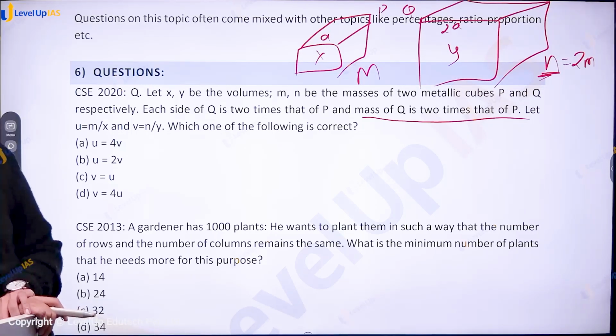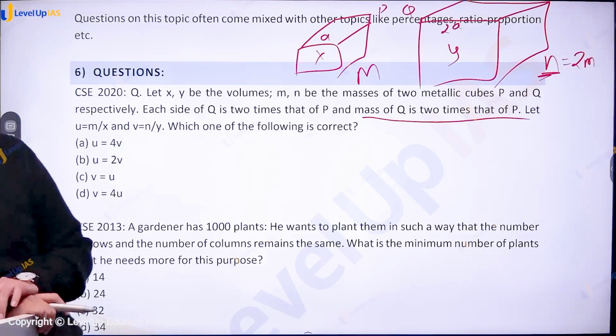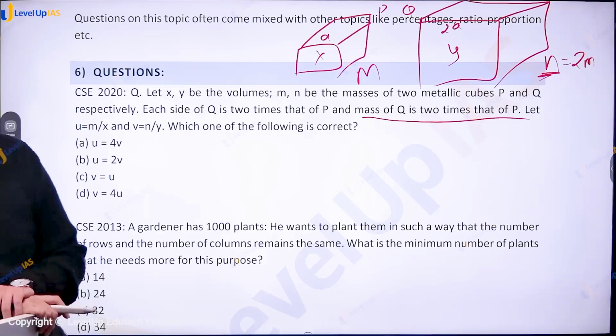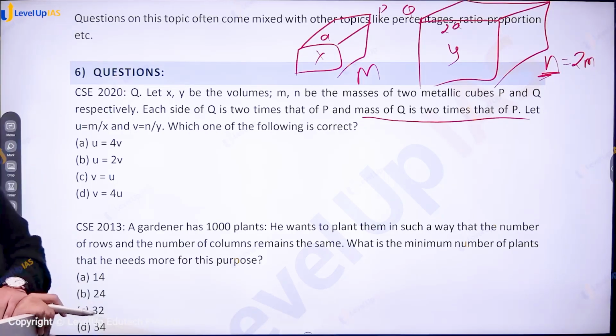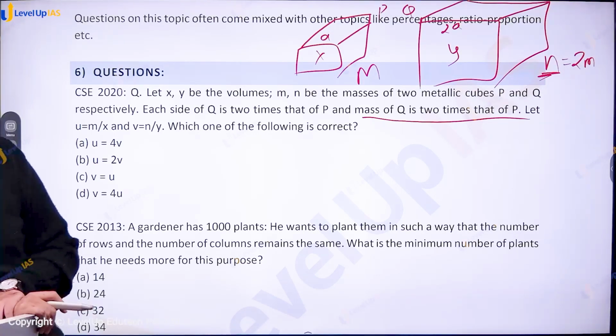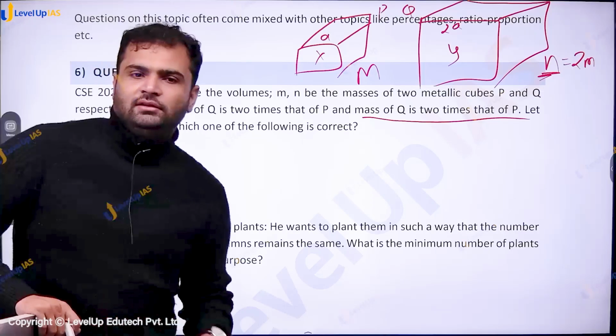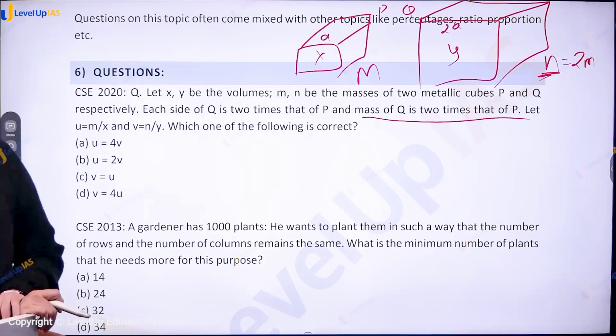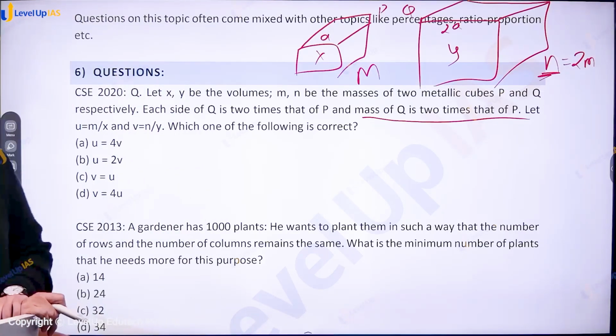Okay. D है या A है? Yashraj is saying A, you are saying D. दोनों कैसे आ सकता है? कमाल है. Choose one of them. See what is the correct one.